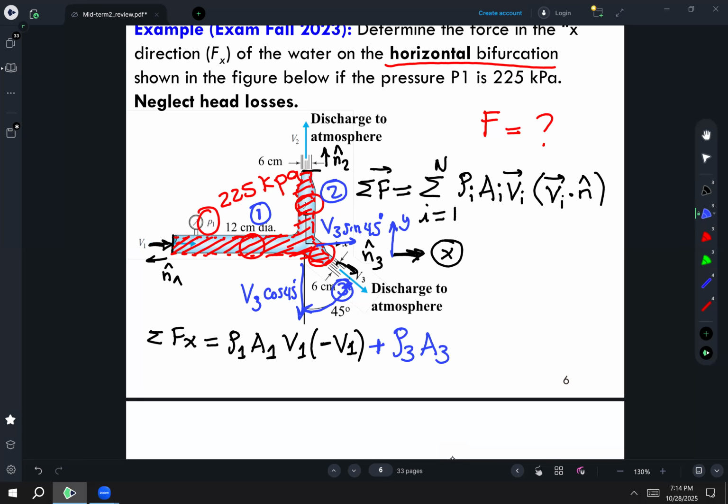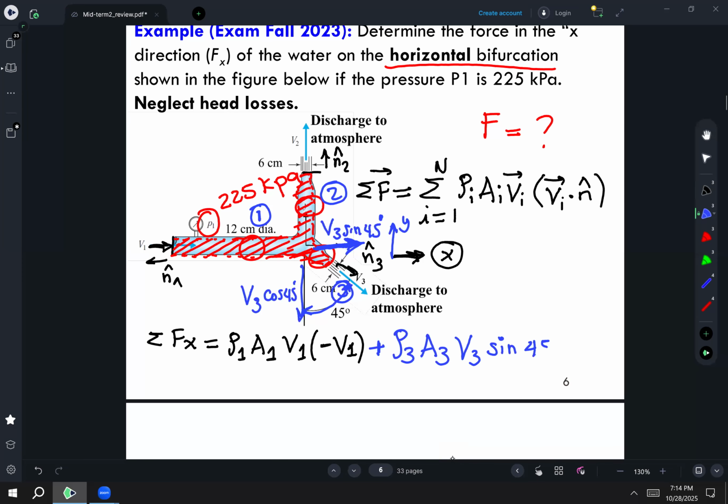The component of the velocity in the x direction is going to be velocity 3 sine of 45 degrees, positive, right? Because this is the component and this is pointing in the positive x direction. So that will be velocity 3 sine of 45 degrees.